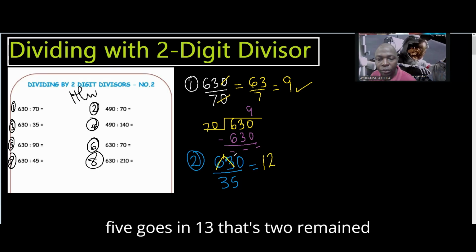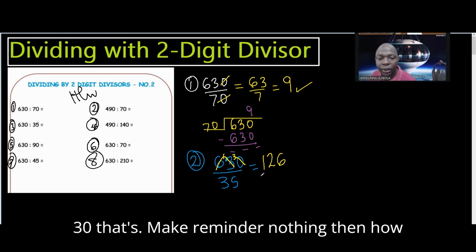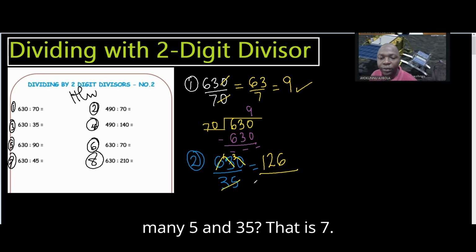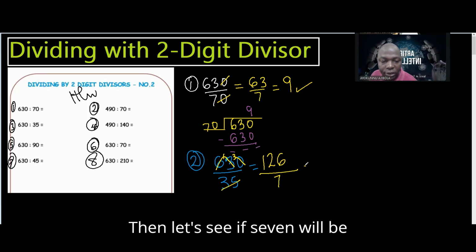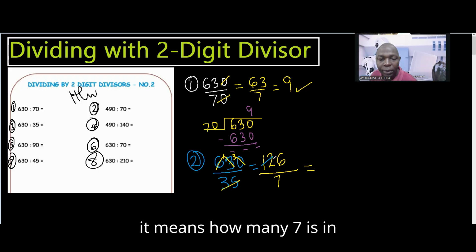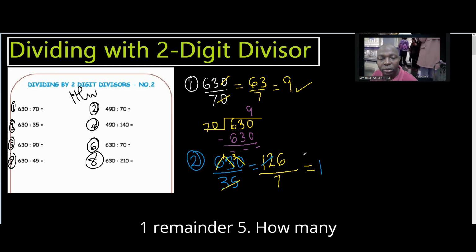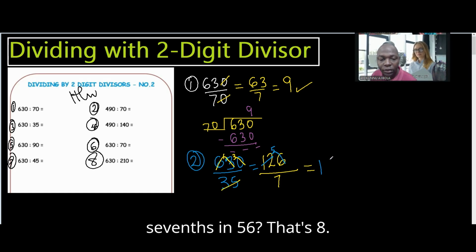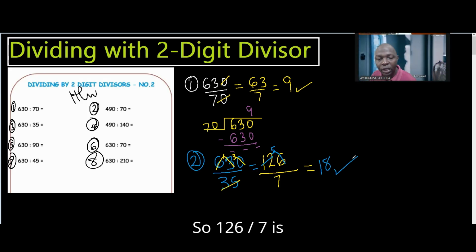That's 2, remainder 3. How many 5 goes in 30? That's 6, remainder nothing. Then how many 5 in 35? That is 7. Then let's see if 7 will be able to divide whatever remains. How many 7 is in 12? That is 1, remainder 5. How many 7s in 56? That's 8. So 126 divided by 7 is 18.